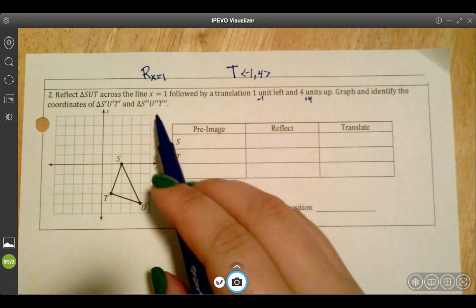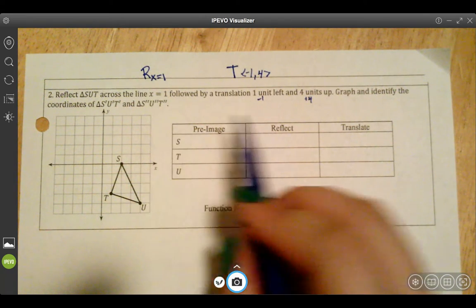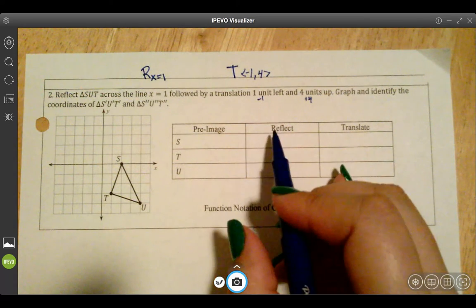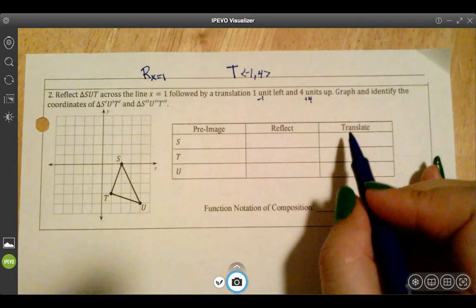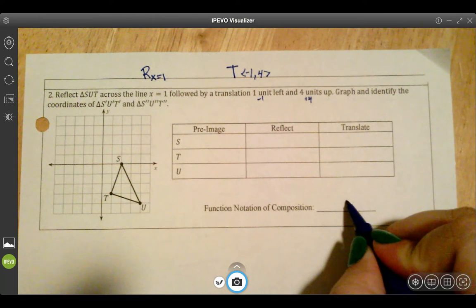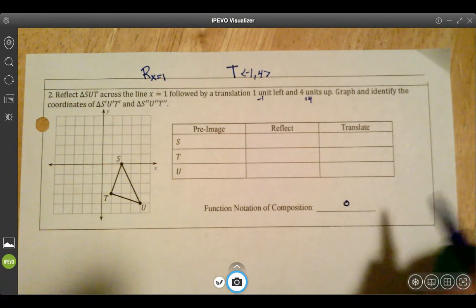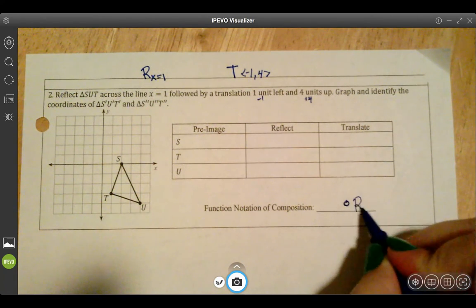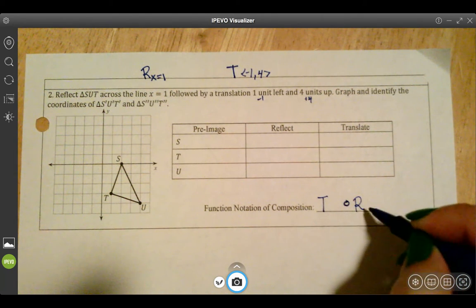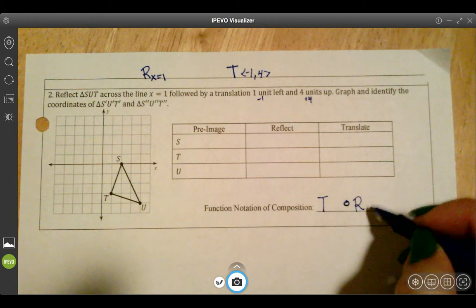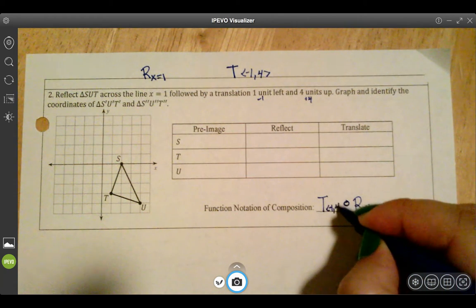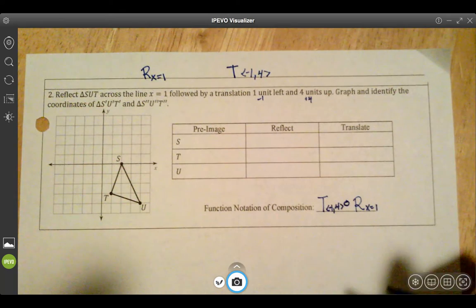If I'm doing the reflection first, that's going to be my second step. I'll have the pre-image, then the reflection, and then the translation. And when we write our composition, it's going to go reflection on this side and translation on this side, because we always start with the one on the right. I'll explain that in a little bit more detail after we do the transformations.